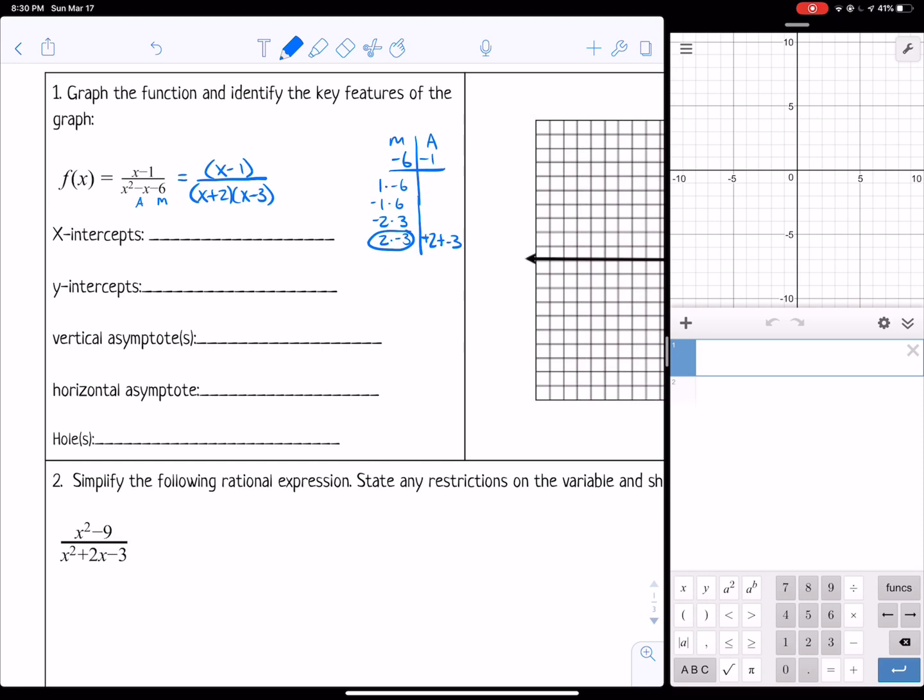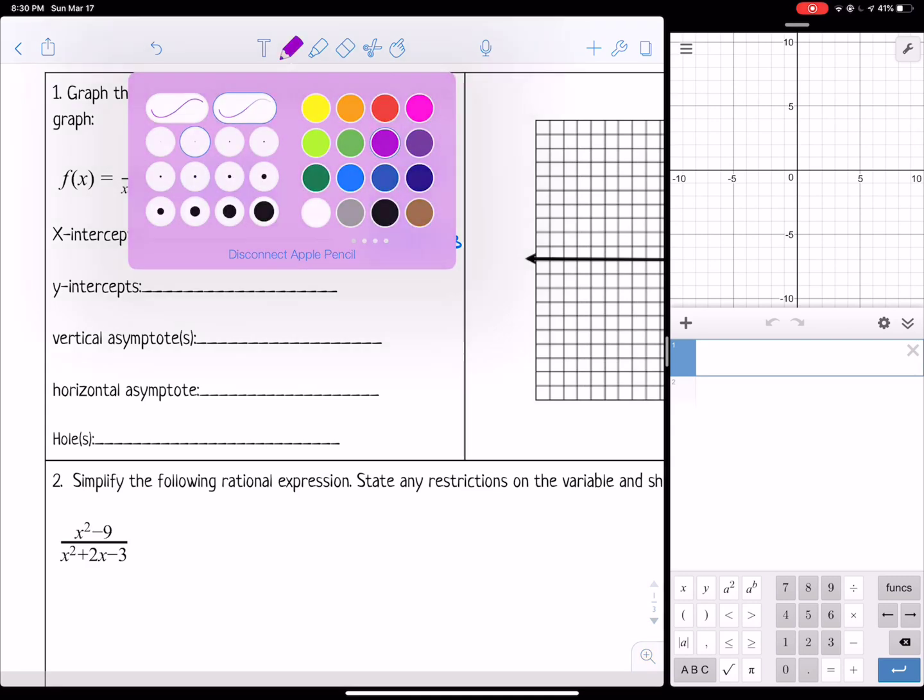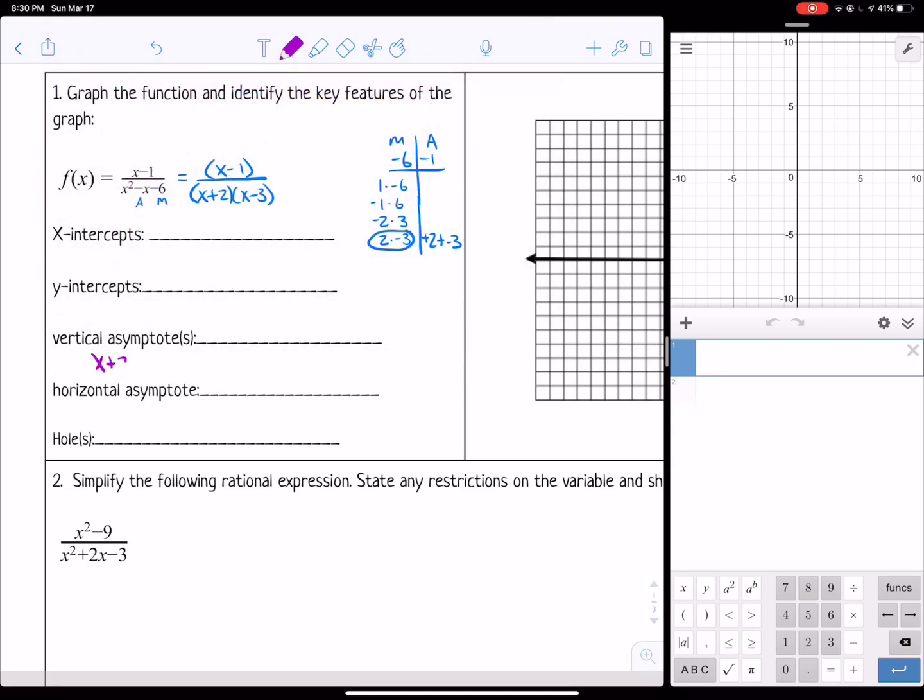The x-intercepts and y-intercepts we're just going to find in Desmos in a minute. The vertical asymptotes come from the denominator. So that means where the denominator would equal 0 is where your vertical asymptotes are. So if I set each one of these equal to 0, I'm going to use a different color just to help it stand out on the graph in a minute.